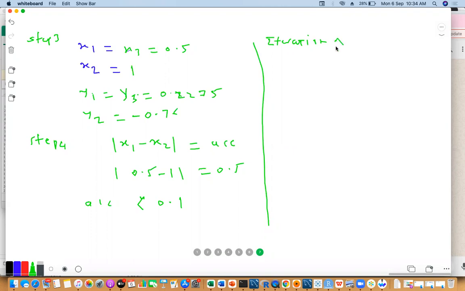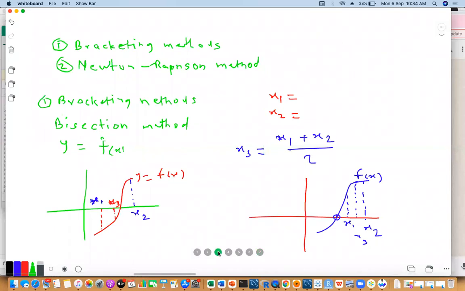Iteration 2. In this iteration, let us say we have step 1. What should be our step 1? What we did in step 1?